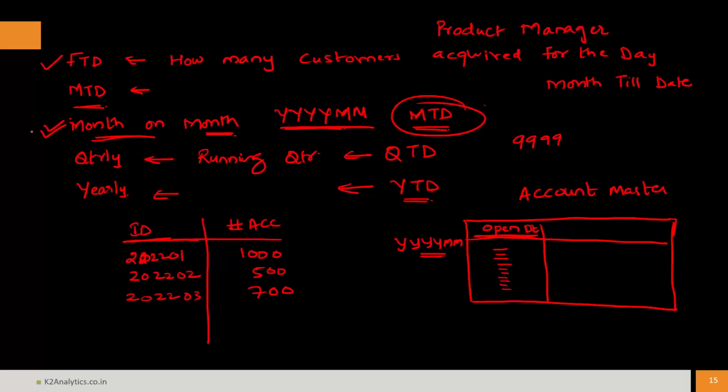So we have solved this problem. Now how do we get yearly and quarterly information?